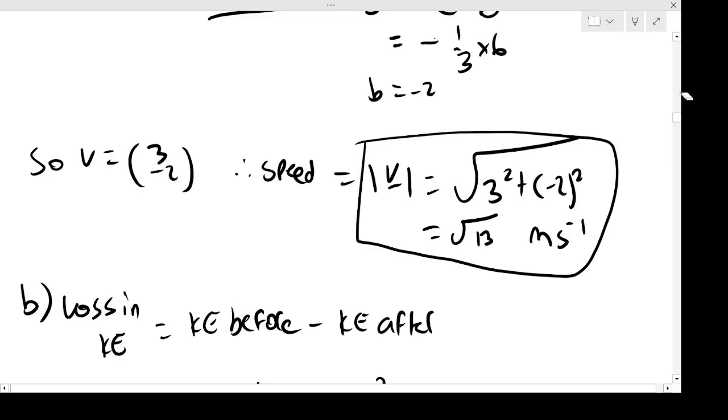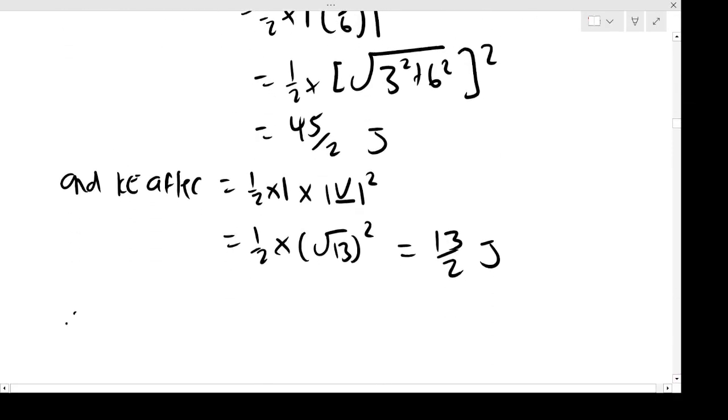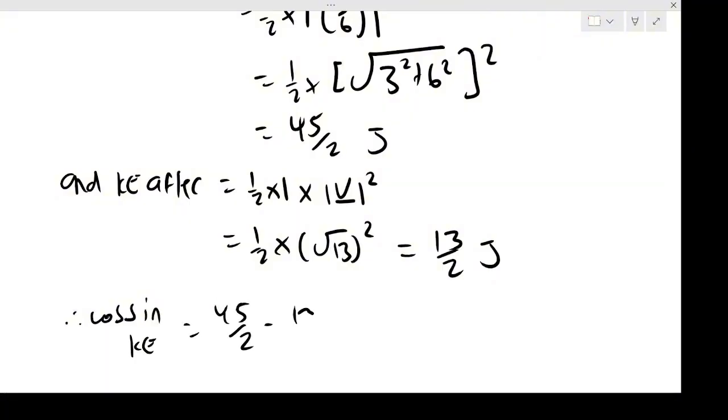Hopefully you're happy with that. Therefore, the loss in kinetic energy is just going to be 45 over 2, take away 13 over 2, and that will get me 16 joules. That's how much kinetic energy I've lost.